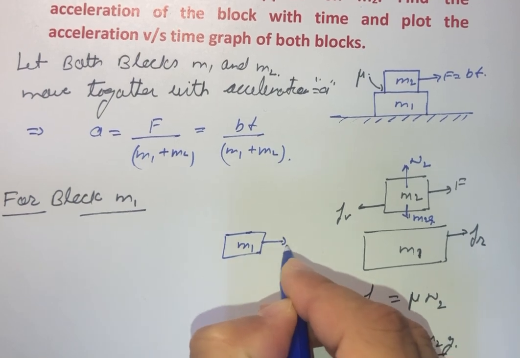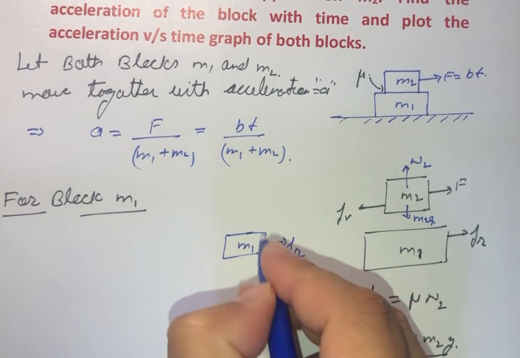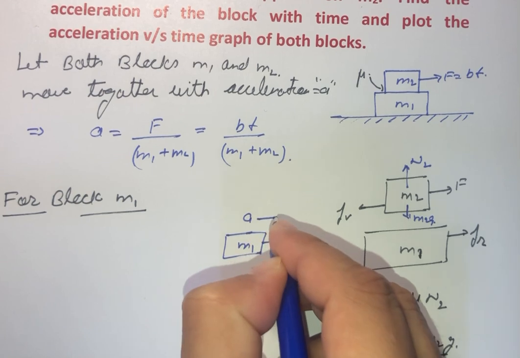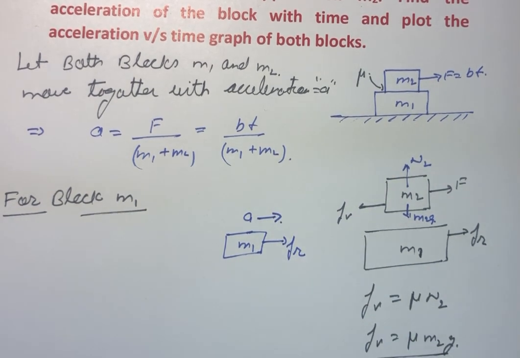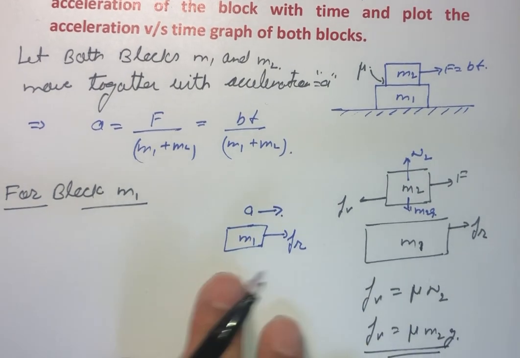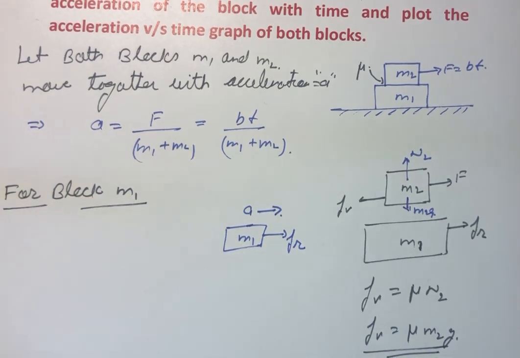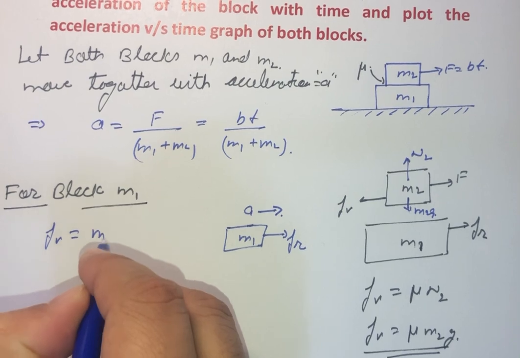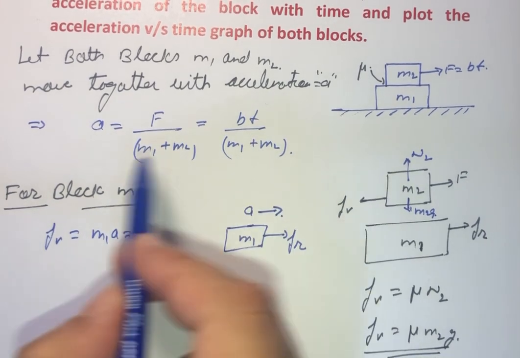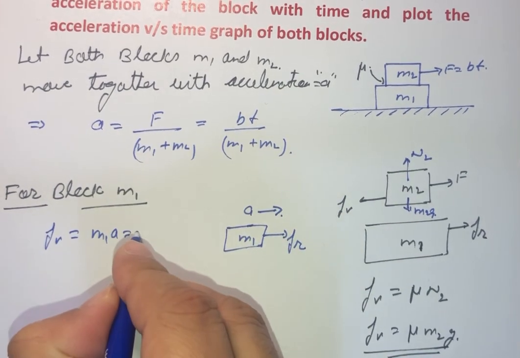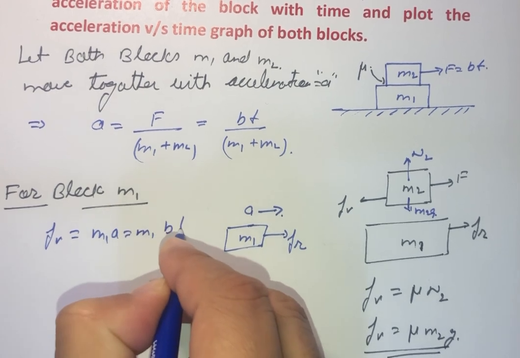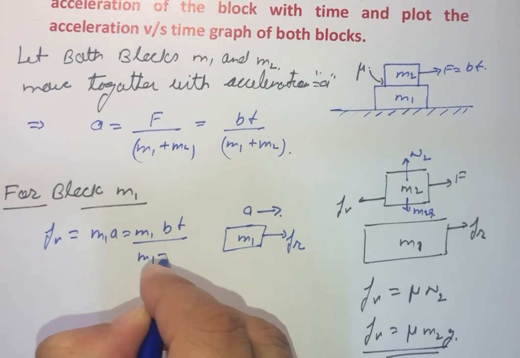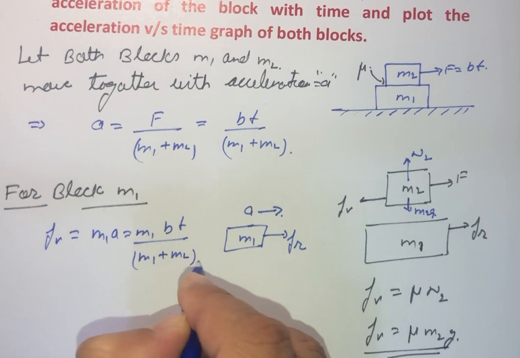The force which is acting on it is Fr, and it is moving with the acceleration a towards right. So from here we can say that our Fr will be equal to m1 into a. We already know a, so put it here, we get m1 bt divided by m1 plus m2.